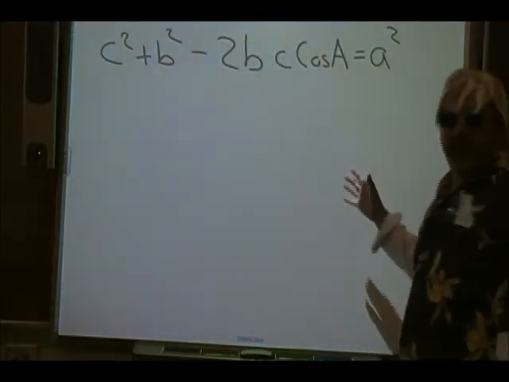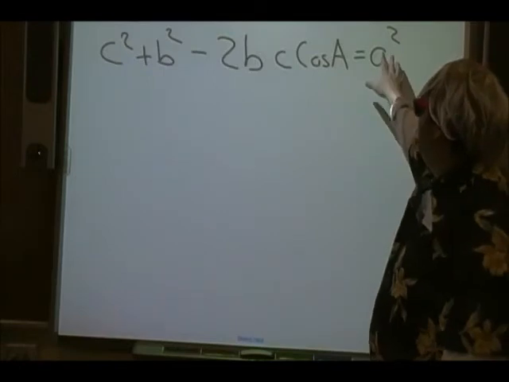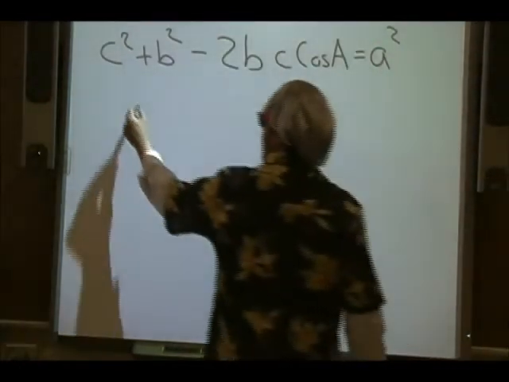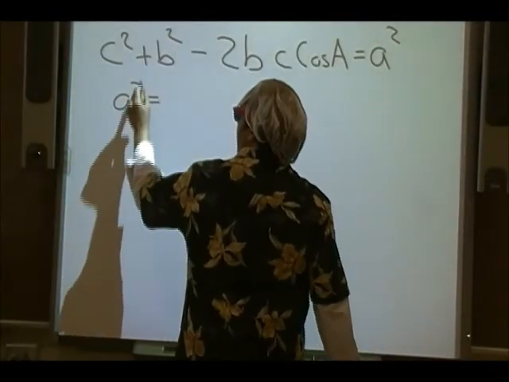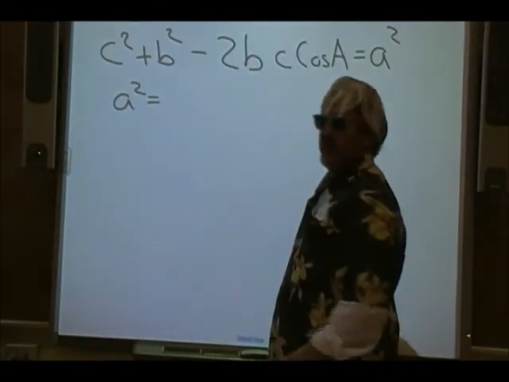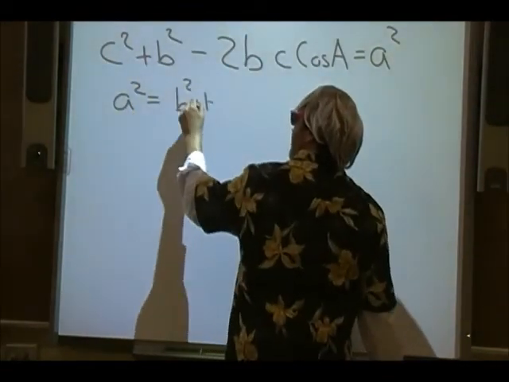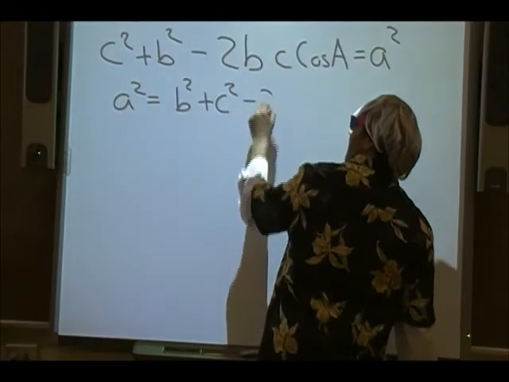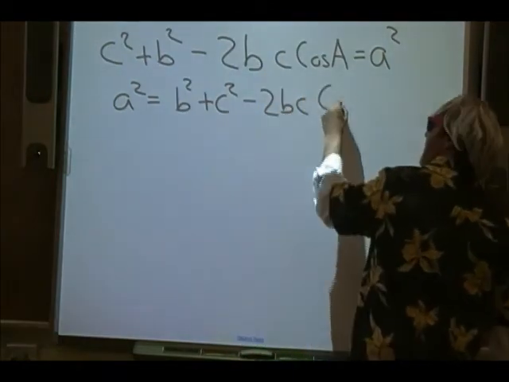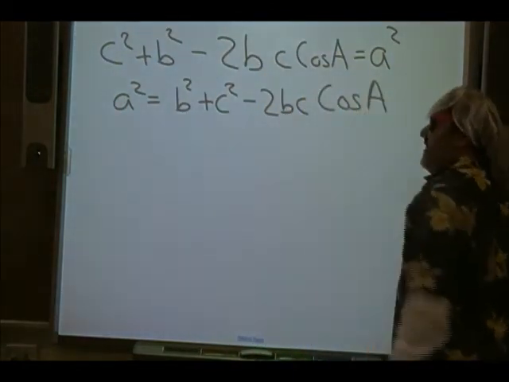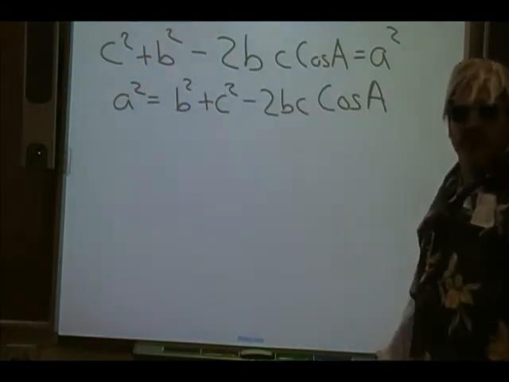Now, to get it in its final form, I move the a squared to the left. I put these in alphabetical order. This is already alphabetical. And there it is. That's the law of cosines.